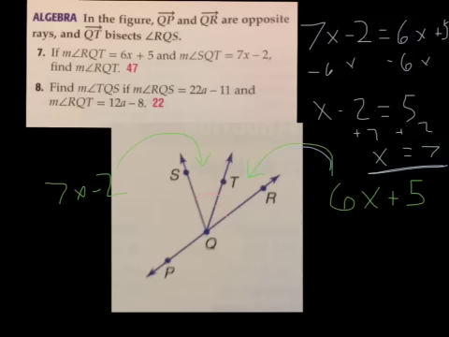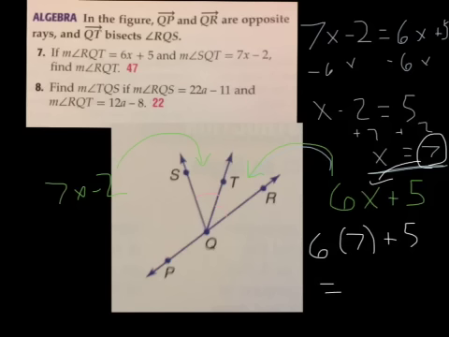So if we take our x, which is 7, and plug that 7 into our angle, we'll get 6 times 7 plus 5. 6 times 7 is 42, plus 5 is 47. So we know that this angle RQT is 47 degrees. If they asked what SQT is, we wouldn't even need to plug it in because we know these are congruent. So SQT would also be 47.